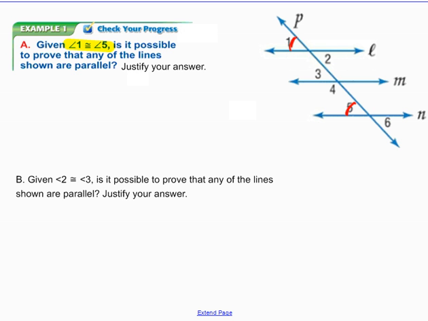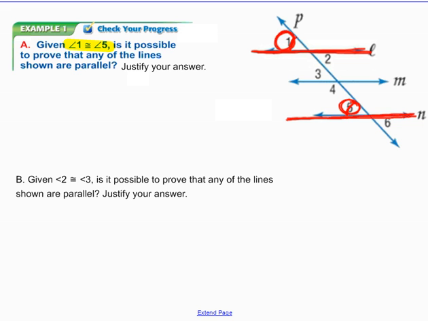Well, I can prove that there are some lines that are parallel. I can see that angle 5 is corresponding to angle 1. So it makes line N and line L parallel.